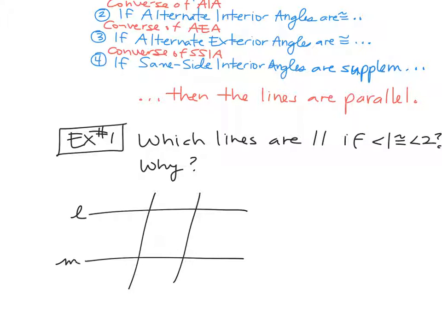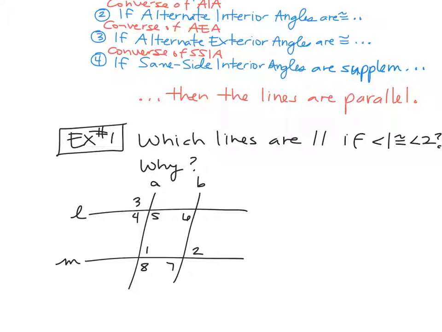Here's line L, bless you, M, bless you, A and B, you're welcome. 1, 2, 3, 4, 5, 6, 7, and 8. Okay, so we have all these different types of angles. Notice that none of the lines are marked parallel right now, okay?